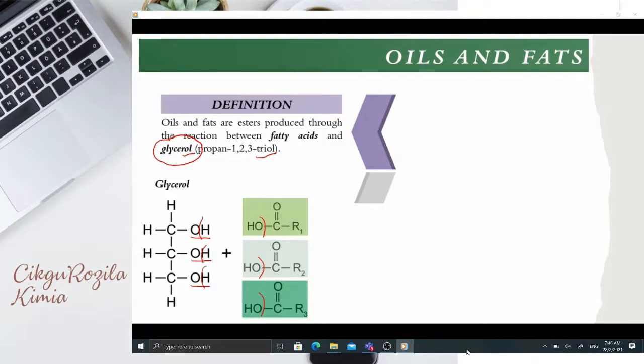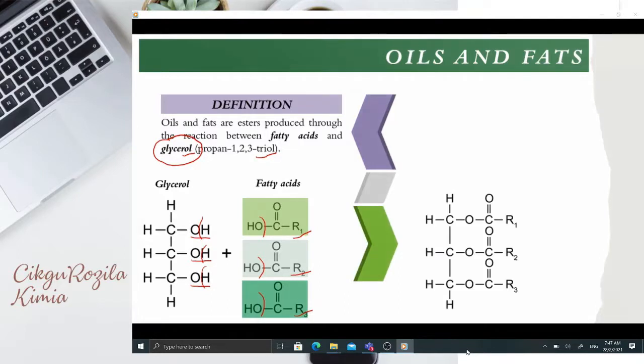R means there is a hydrocarbon chain, but in this equation we are not focusing on the hydrocarbon chain. So the product formed is a large molecule of ester.